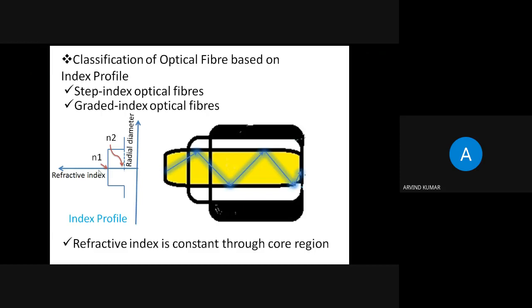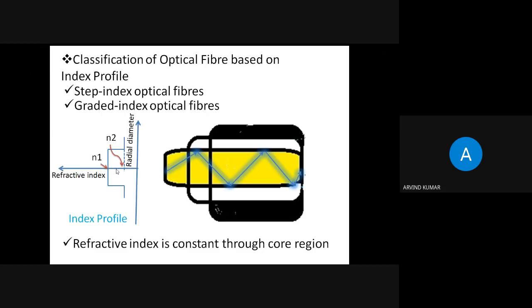The dotted line touching the x-axis is n2, and the solid line touching the x-axis is n1, and we can say that n1 is greater than n2 here. So what is its significance?